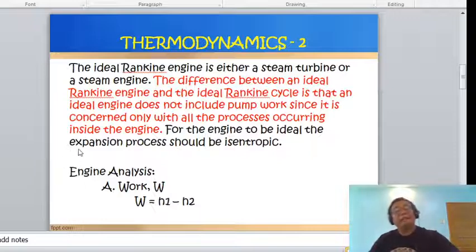So to determine the enthalpy at 2, since s1 is equal to s2, s2 is equal to sf2 plus x sfg at 2. Then, once you get the value of the quality, substitute that to h2 equals hf plus x times hfg at 2.